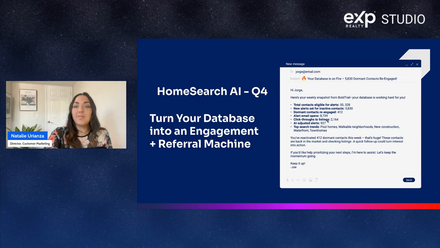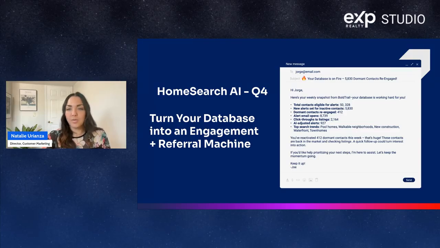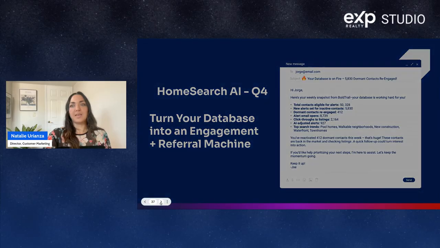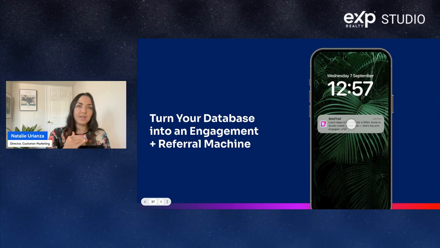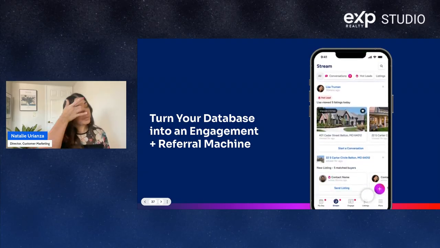You've got this many emails opened. Really, it just tells you what's working for you and what you need to go put effort into. It really takes the guesswork out. That's a big theme with a lot of these enhancements: we want you to stop guessing what you need to do that's going to have an impact on your business, and we're making it as cut and dried as possible.